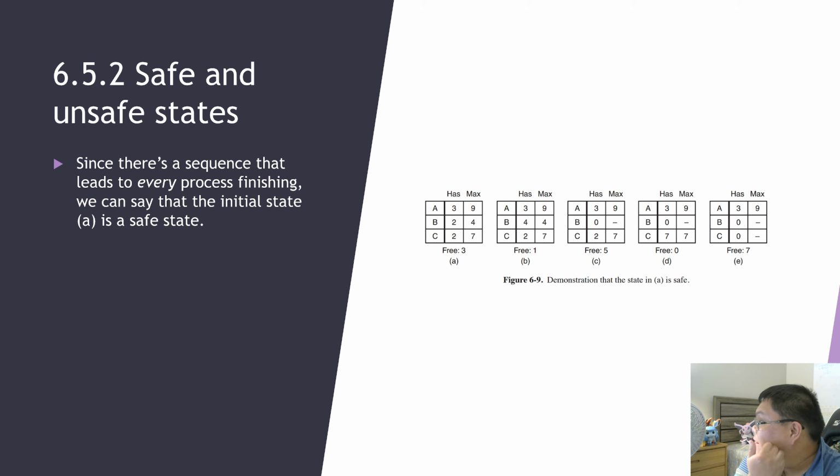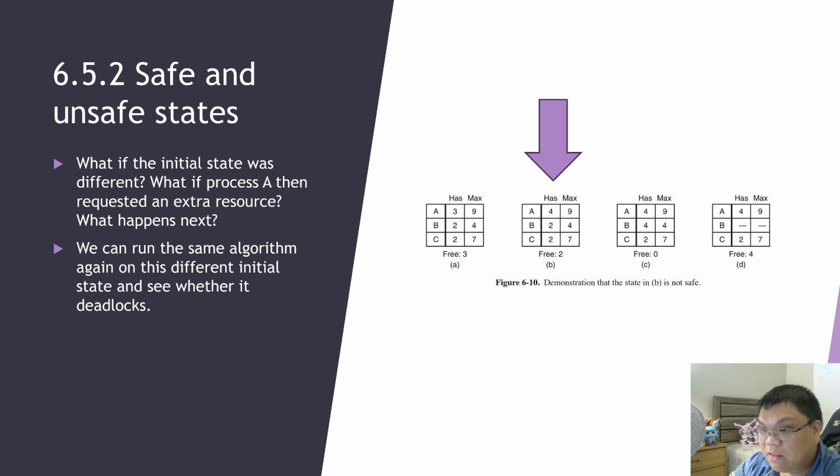If we find a sequence of steps that leads to every process finishing, then we can say that state A over here is safe. So every time we have a process make a request, we check whether that next state would be safe. If it is, we grant that request. If it is not, we reject that request.